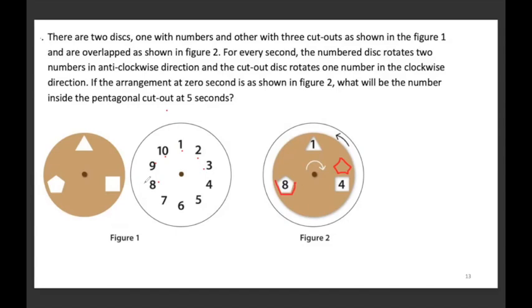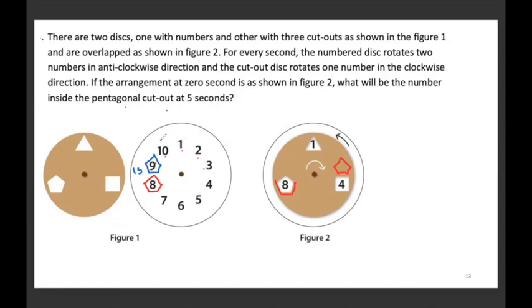This is its original position. So here the pentagon cutout at 0 second is here. In the next 1 second, the pentagon cutout happens here. Okay, this is 1 second. So the pentagon cutout will be positioned here itself after 1 second. At the same time, we also know that the number disk is rotating anti-clockwise by 2 numbers.